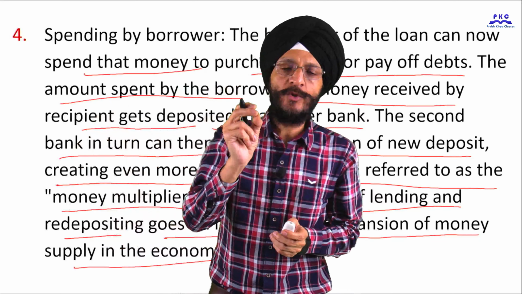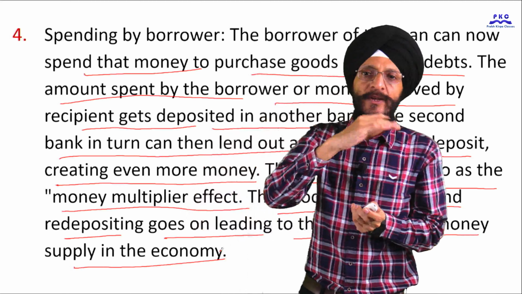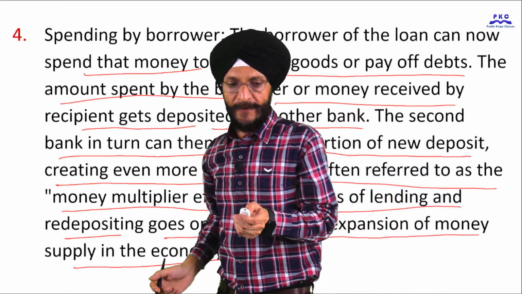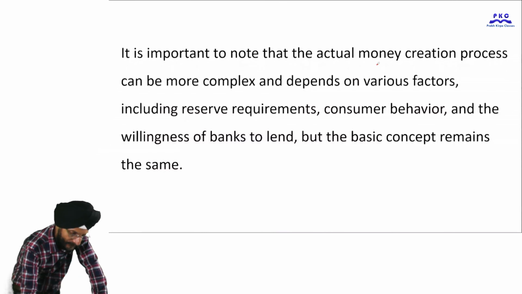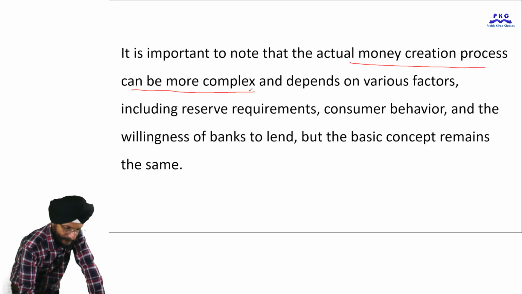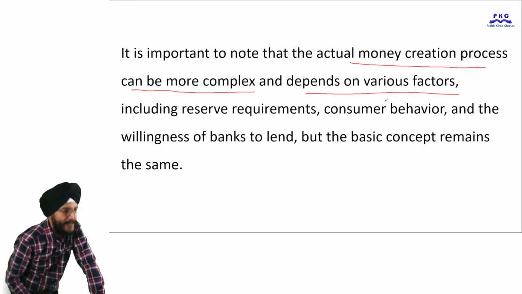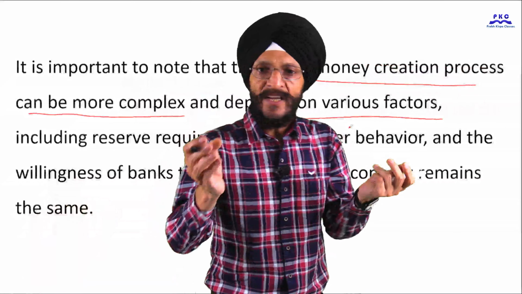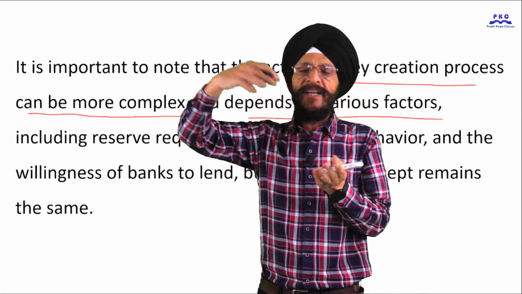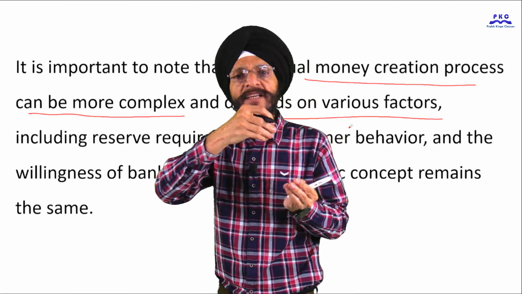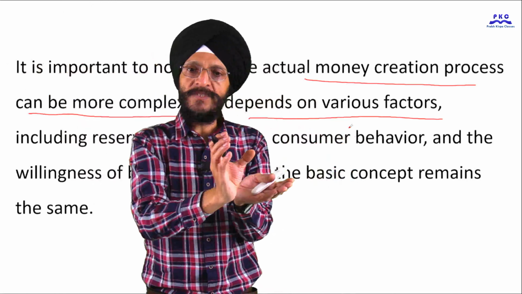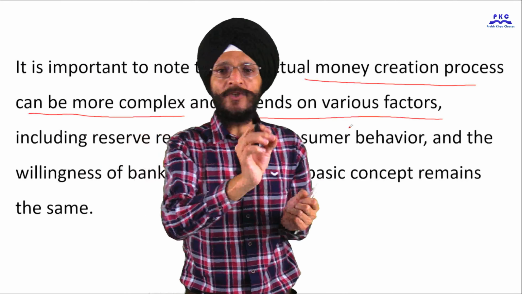However, a point to be noted is that banks cannot create indefinite money from this initial deposit. It is important to note that the actual money creation process can be more complex and depends on various factors. It means that banks cannot create indefinite money on their own whims. That is, they cannot create, say, $1 lakh from simply an initial deposit of $1,000.